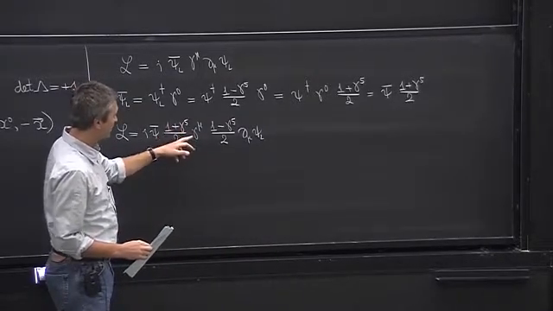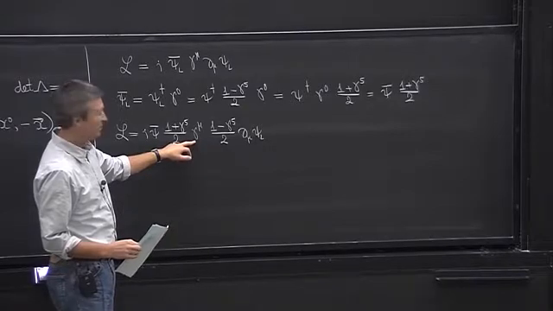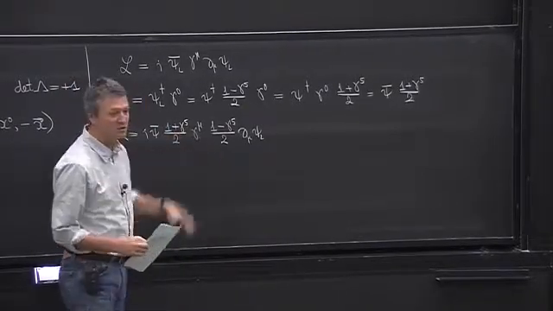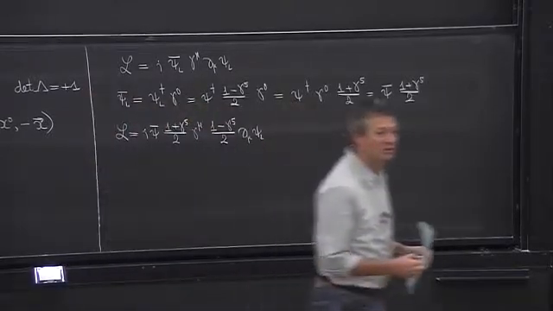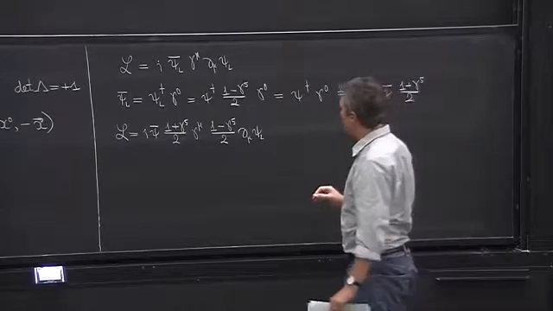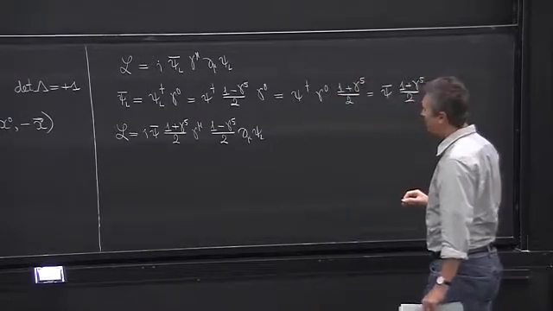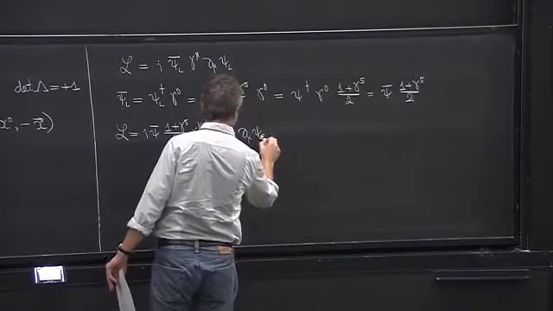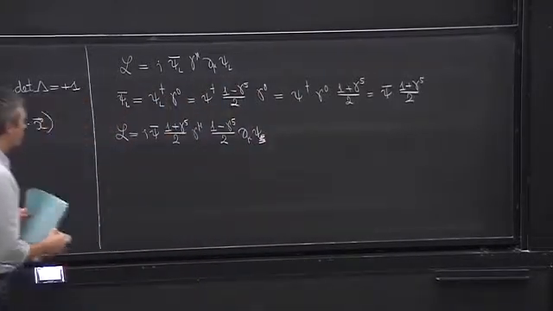Again, gamma 5 anti-commutes with every gamma matrix, so we will get the sign changed when we do this. Yes? Yes, so this shouldn't be there. Thank you.